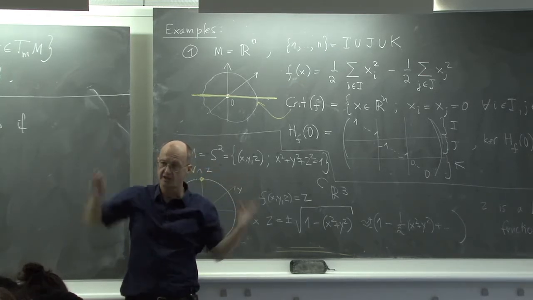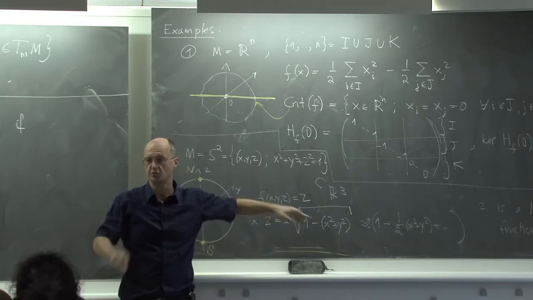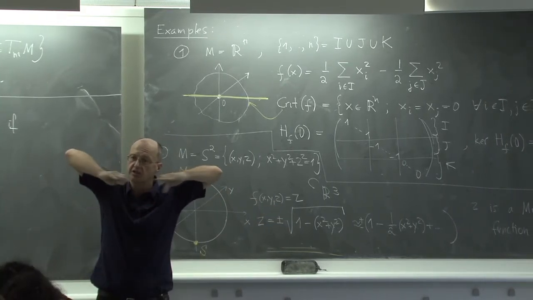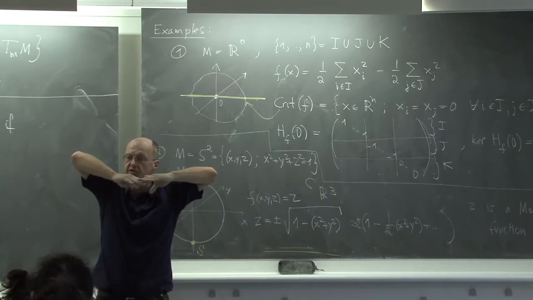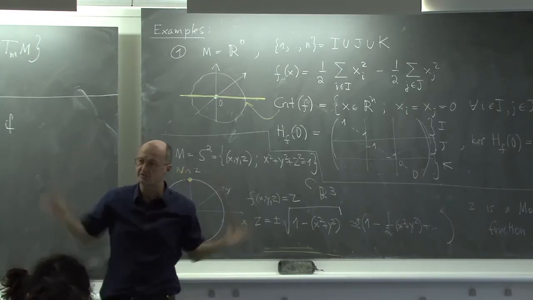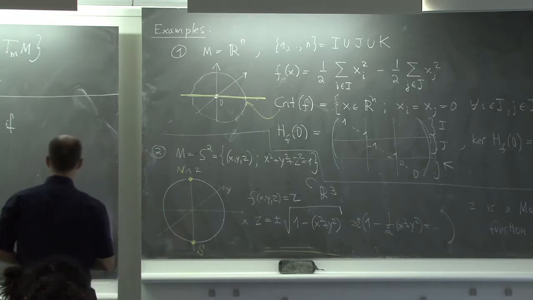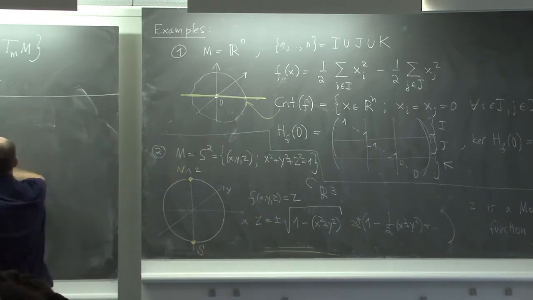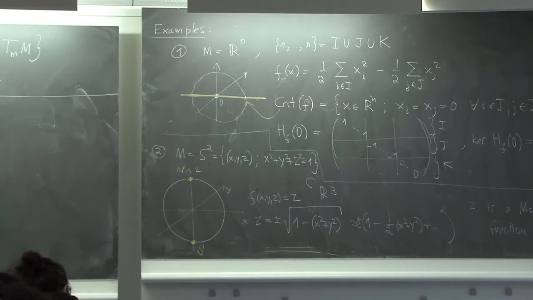So then it's not going to be a Morse function. It is a Morse function now, but flatten it a little bit such that the second derivative disappears. Maybe you get only fourth derivatives. So then it will not be a Morse function.